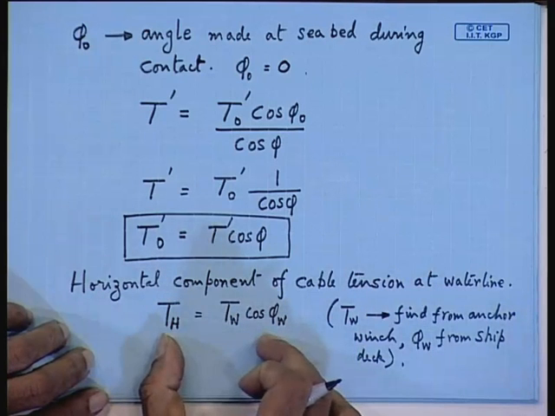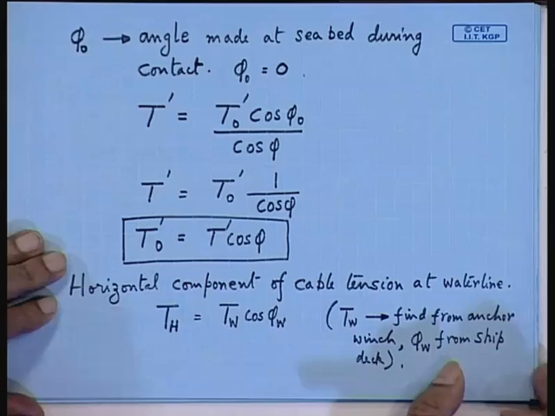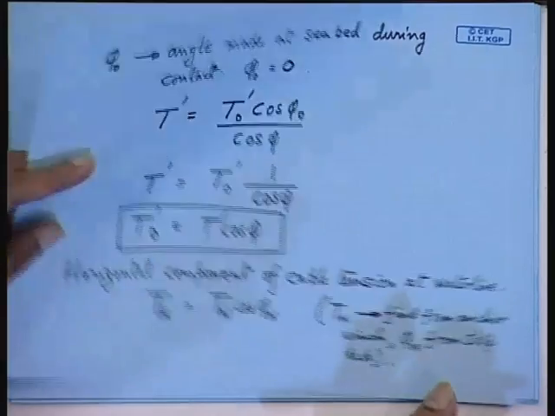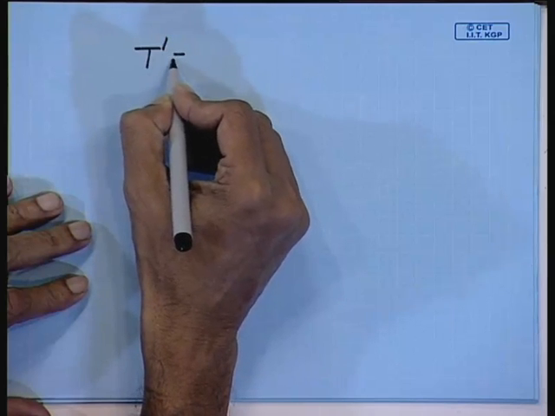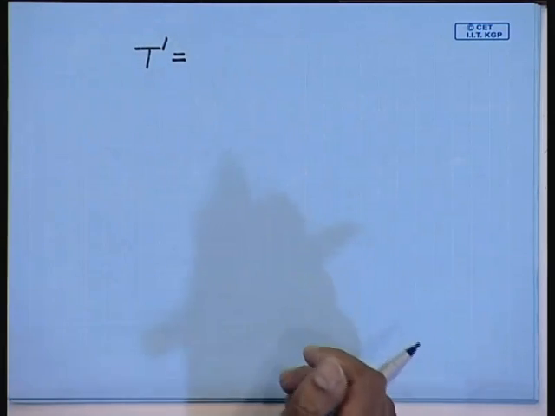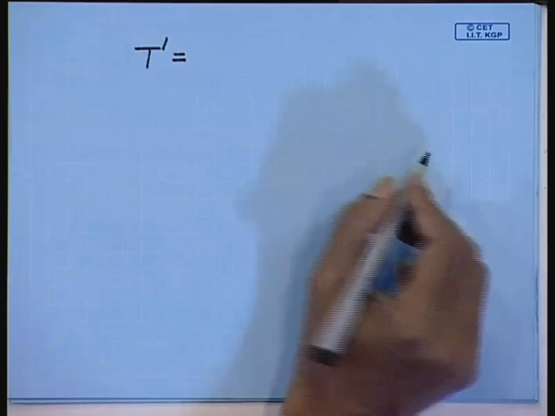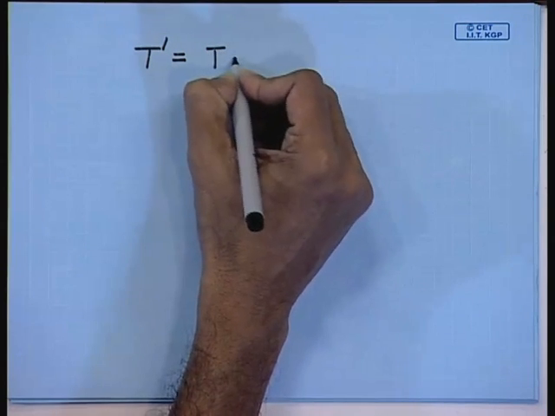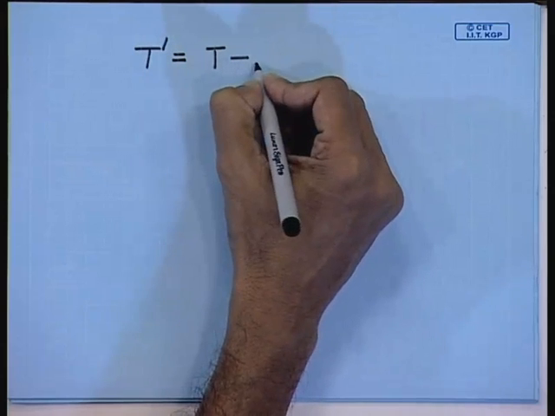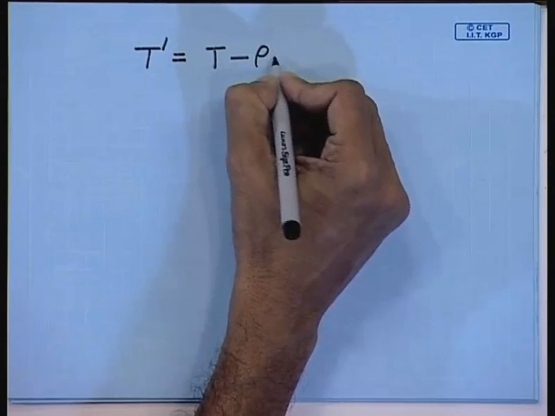So this is fine. Now what was our expression for T prime? We will come back to this equation, that is your TH, later on, but you tell me the expression for T prime. So T prime was the corrected tension minus what? The hydrostatic pressure.